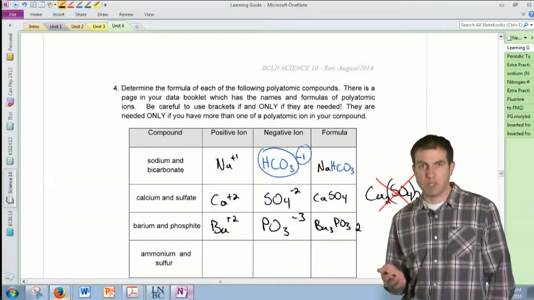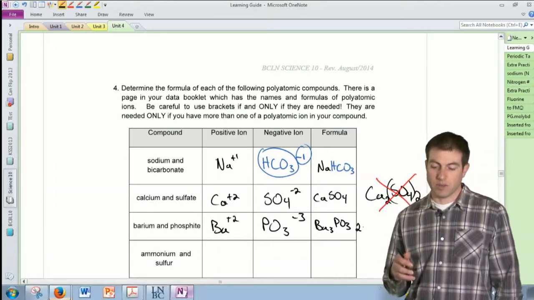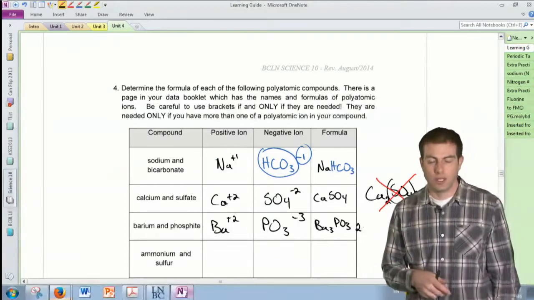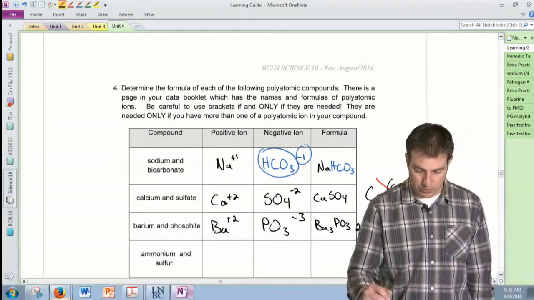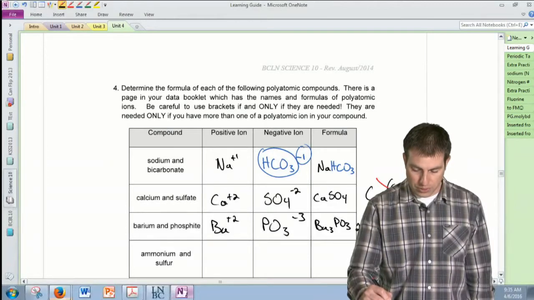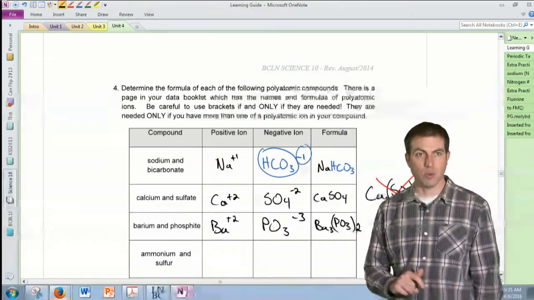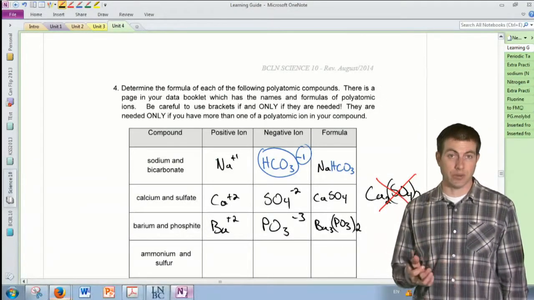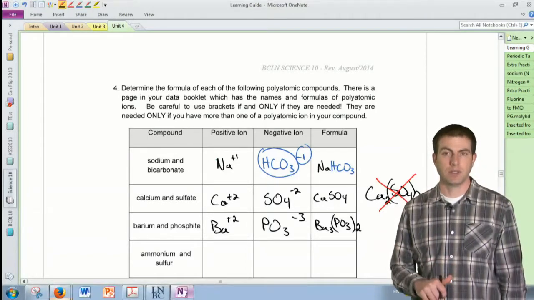Do we really mean 32 oxygens? No, we don't. We mean we have that group PO3 and we have 2 of that group. So this is where these polyatomic ions get a little bit confusing. We don't want 32 oxygens, so how do we demonstrate that? Well, we put a little bracket around that group. And because we put a bracket around the group, that means that there's 2 of that entire group.